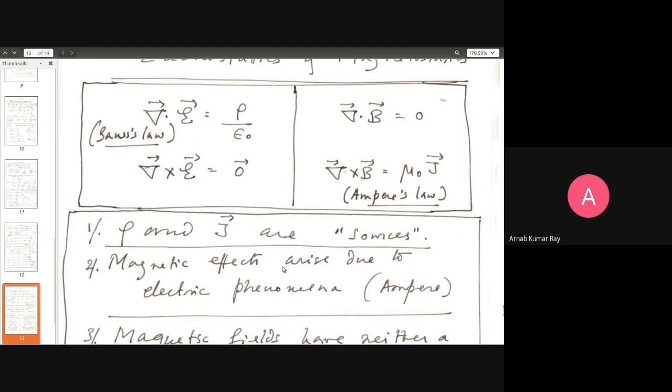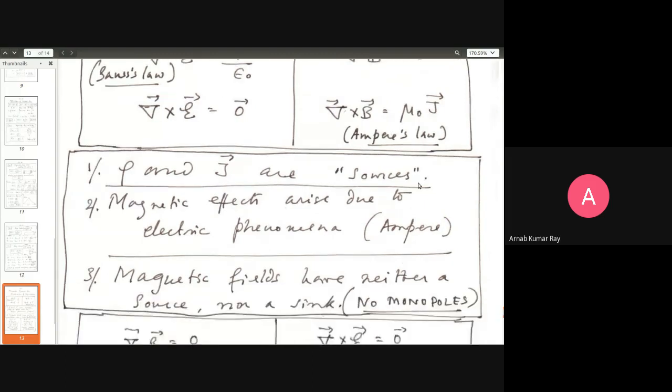Second, magnetic effects arise due to electric phenomena. That's Ampere's law. Ampere stated that, but this is the mathematical expression of Ampere's physical statement. Once again, I would like to remind you that we are not doing mathematics here. We are still doing physics. But the language of physics is mathematics. That is what it is. The thought is physical, the language is mathematical.